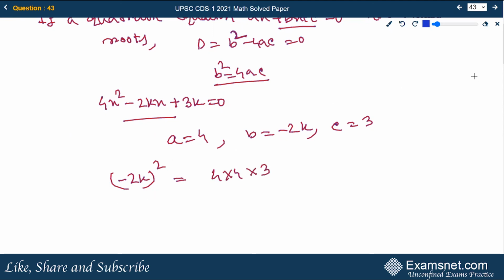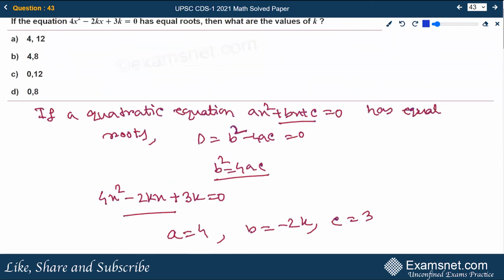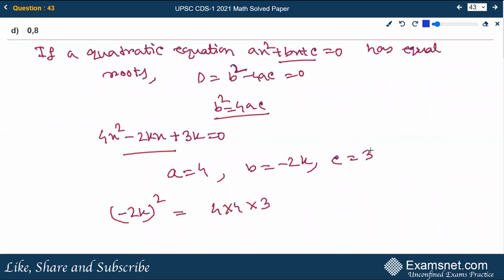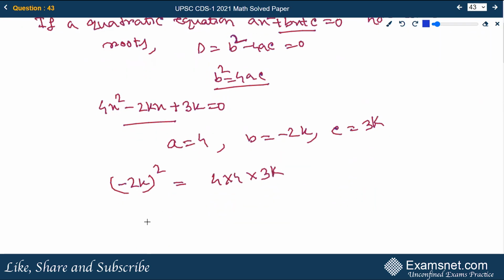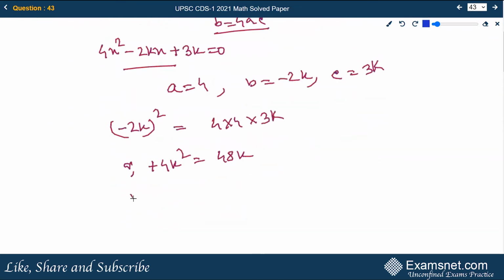So here I can further write, okay, it will be 3k. Okay, so I can further write 4k square equals 16, yes, 16 times 3k, 48k. Now if I take 48k to the other side, it will be 4k square minus 48k equals 0, so 4k(k minus 12) equals 0.